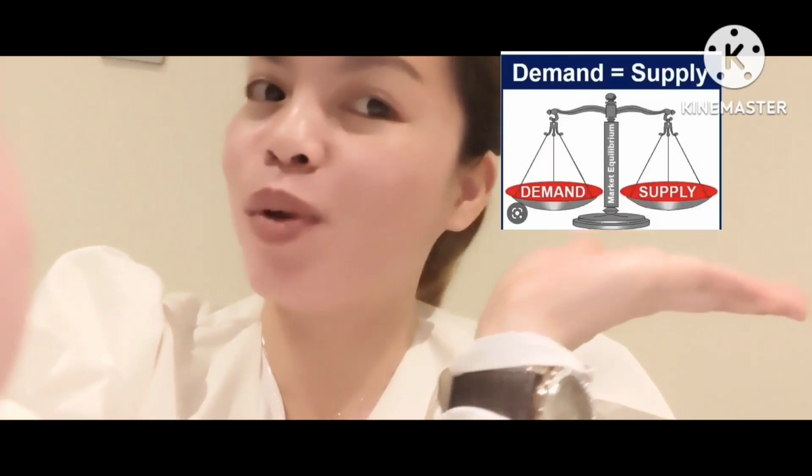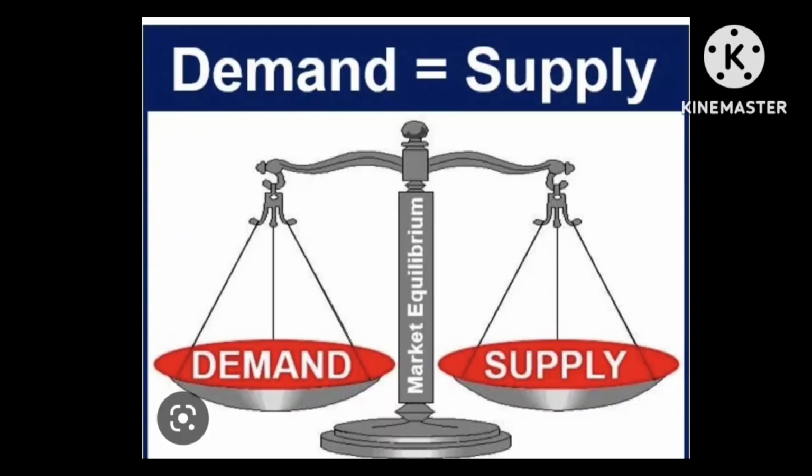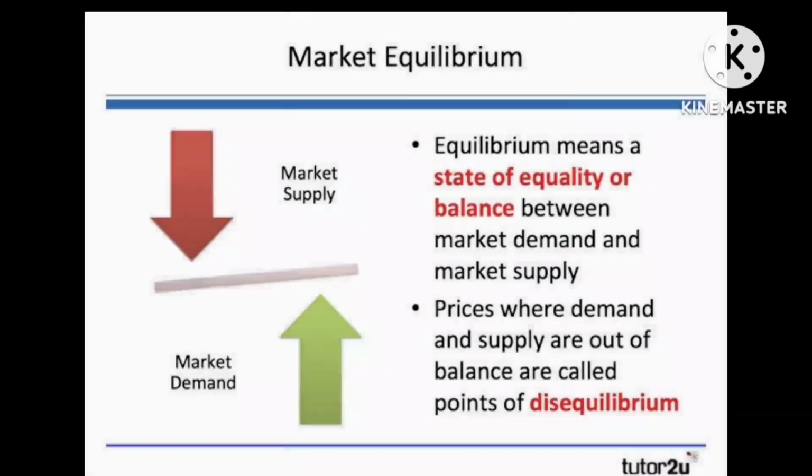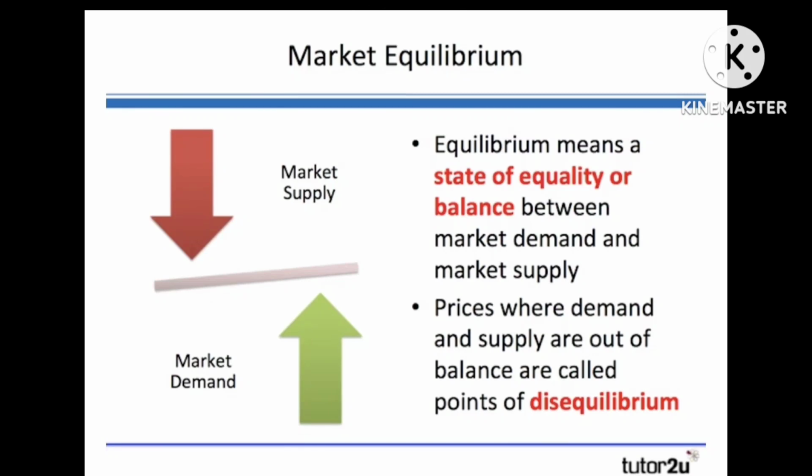Labor market equilibrium. First, what is the definition of market equilibrium? Well, it is how buyers and sellers react to price changes. When prices are high, the buyer reduces consumption, and when prices are low, the seller reduces production.